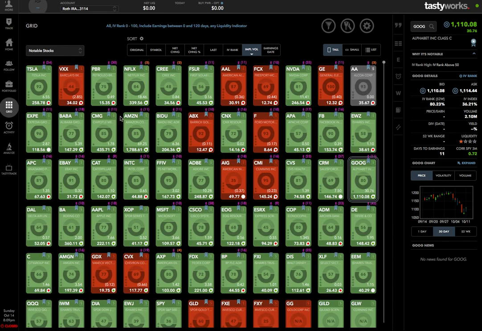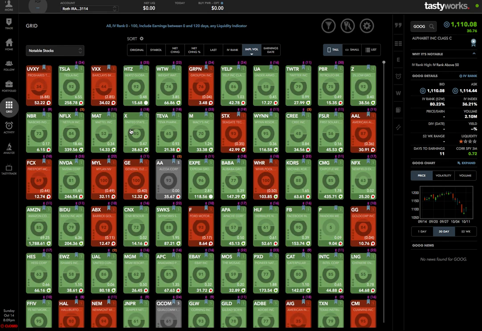You have a grid that shows you ranks on implied volatility, earnings dates, IV rank, the net change, and percentage change. I like to keep mine on implied volatility because I want to see what are the top implied volatility stocks.